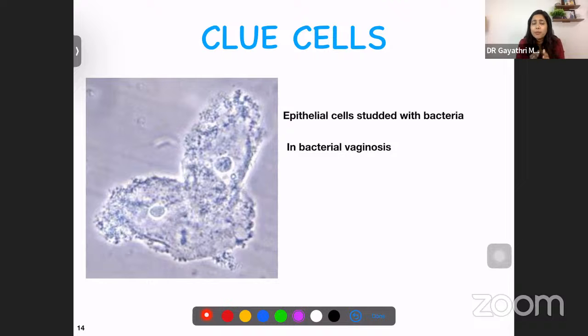In case of bacterial vaginosis, other important features include the patient can have a fishy odor of the vagina. On adding KOH, there can be an ammoniacal smell, that is a positive amine test or a positive whiff test.